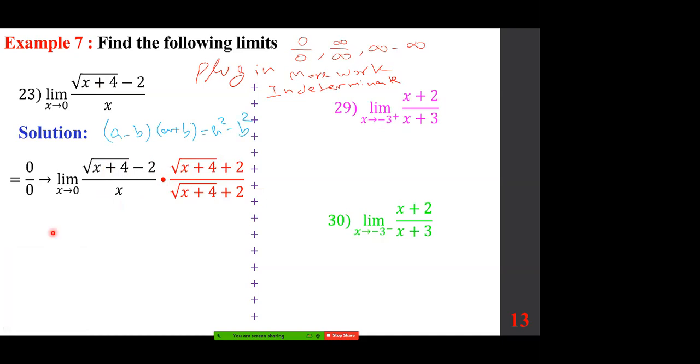So it comes out as x plus 4 minus 2 squared, which is 4, and the denominator you don't touch, you write it as a product. So what happens? 4 and negative 4 cancel each other. Also, the x cancels out.